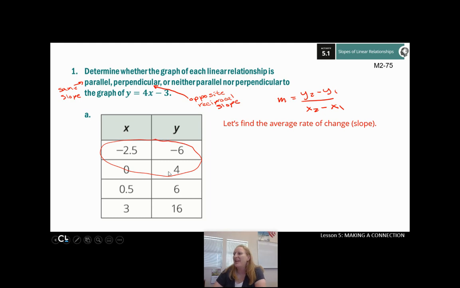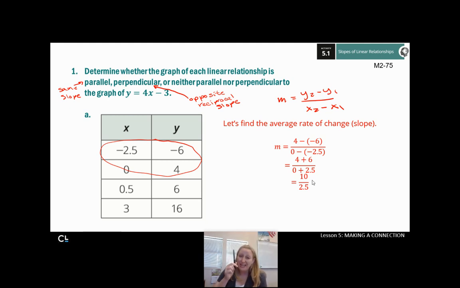So I'm going to do 4 minus a negative 6 on top, and then 0 minus a negative 2.5 on the bottom. We know that the double negative up top and below does give us positives. So actually I have 4 plus 6 and then 0 plus 2.5. 4 plus 6 is of course 10 and 0 plus 2.5 is of course 2.5.